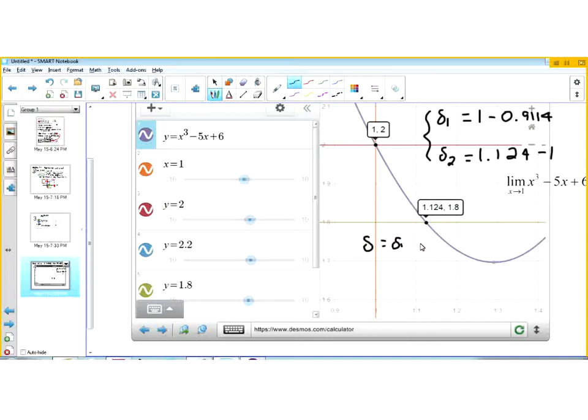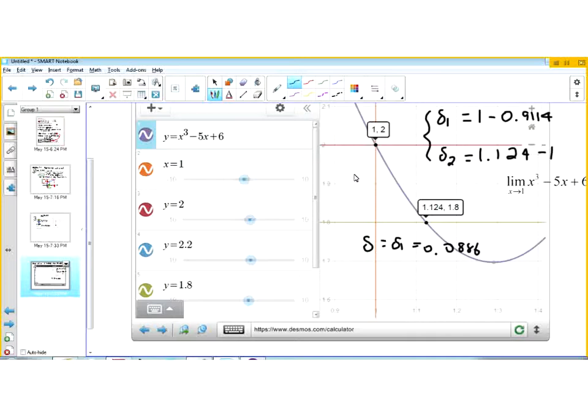So delta, which is equal to delta 1, is equal to... let me check it again. 1 minus 0.9114, 0.0886. Okay.